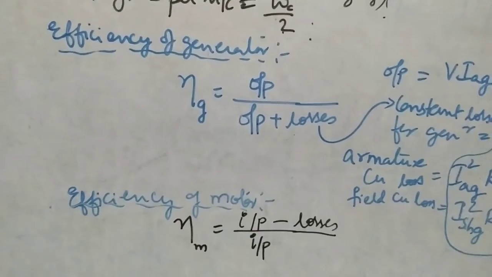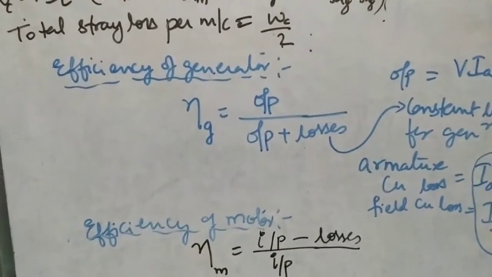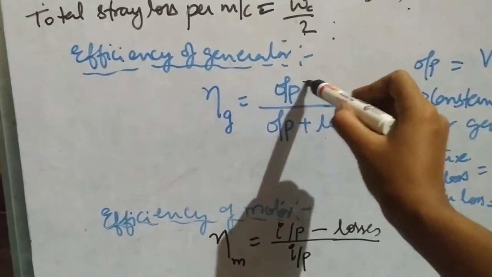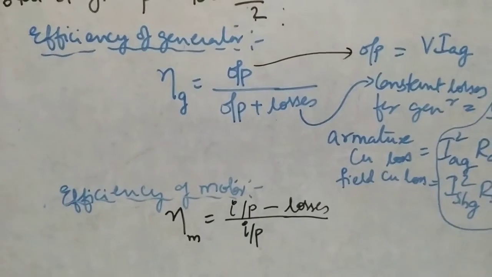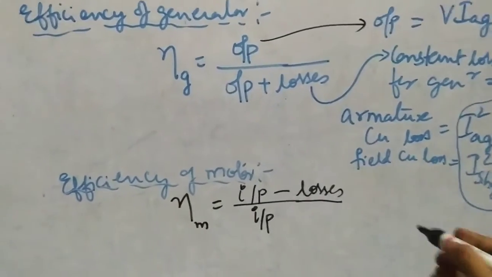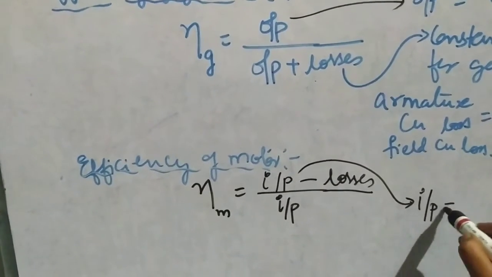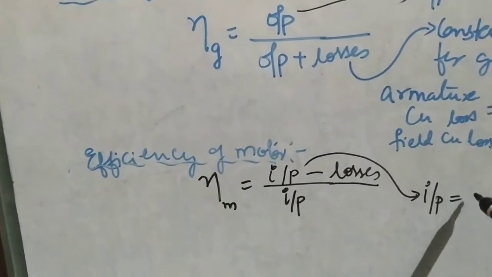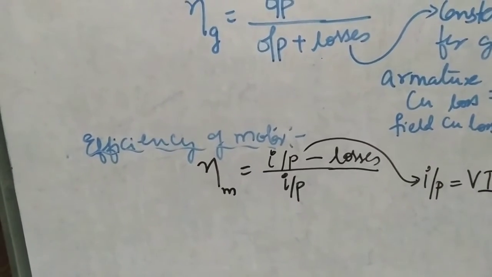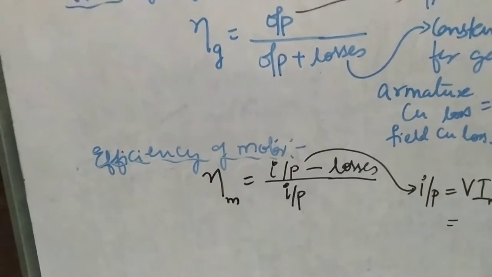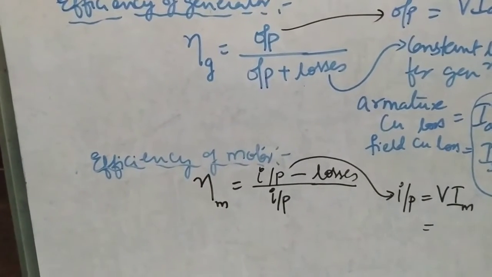So what will be the input? What are you going to substitute here? We have to think about it, similar to how you have written here. See, the input is again an electrical input, so V into IM, the current flowing to the motor.